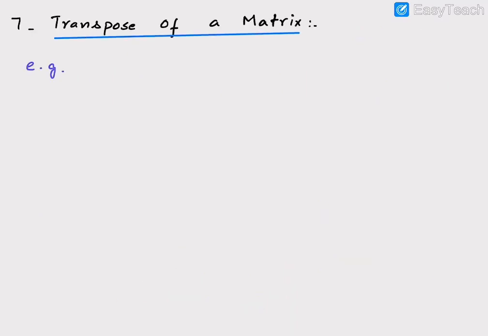So next type is transpose of a matrix. So how to find a transpose of a matrix? This you will understand with the help of one example. Let's say A is a matrix whose elements are 1, 2, 3, 4, 2 by 2 matrix and its order is 2 into 2.